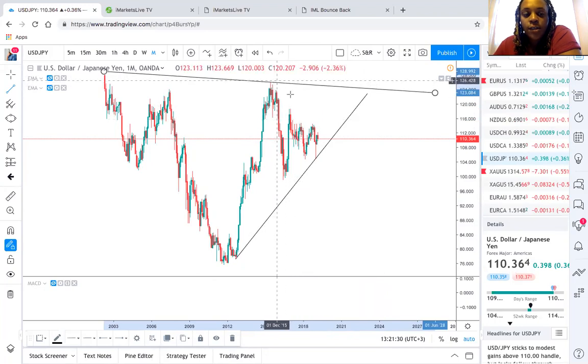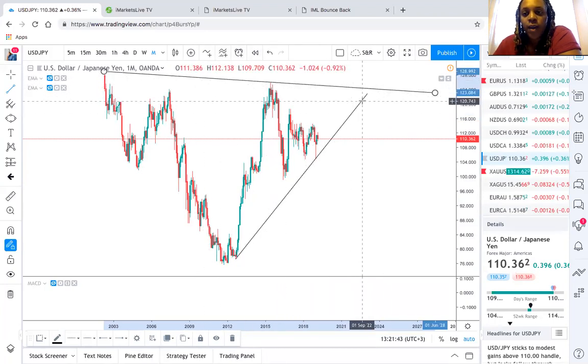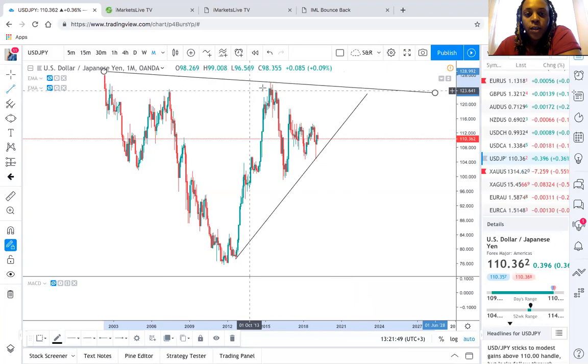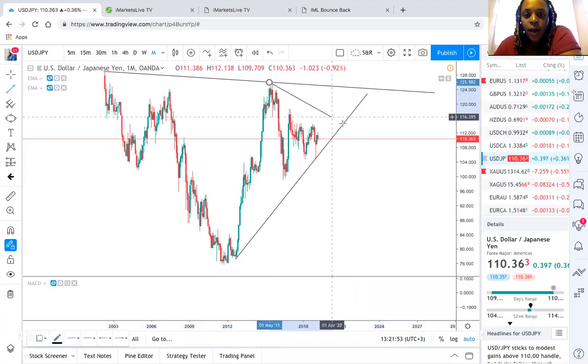Like I say, you don't need to bring the trend line and go through the wicks and come all the way down. You could start to work on your inner trend lines, but use this as your outer trend line, your main trend line for the overall pair, right? So now you can come in and look for inner trends.